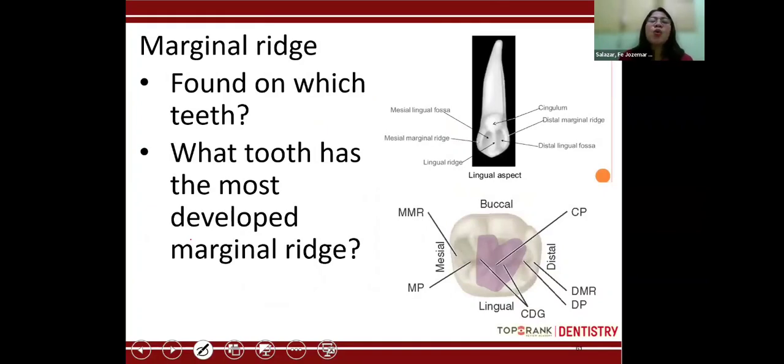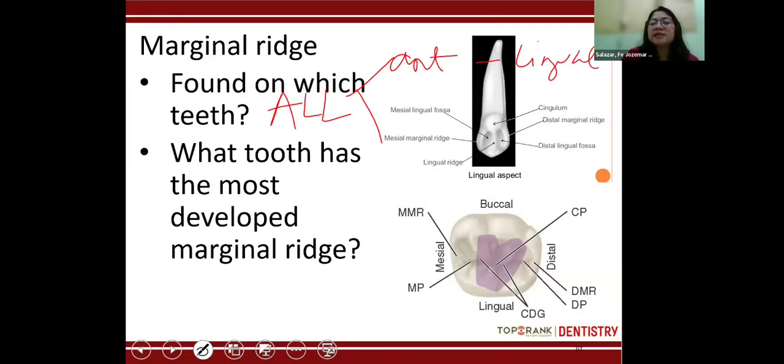Marginal ridge. What tooth or what teeth have marginal ridges? Saang ngipin kayo makakakita ng marginal ridge? Very good. All teeth. Maxillary, mandibular, anteriors, posteriors. So nasaan yung location ng marginal ridge sa anteriors?